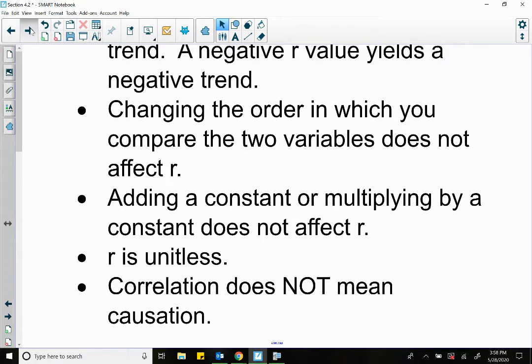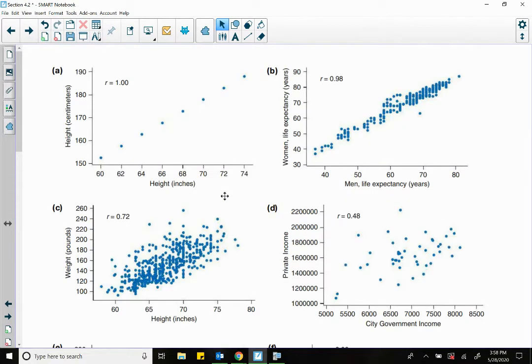So let's talk about some things. Here are graphs, and what you see in each one of these scatter plots is the correlation coefficient. Here's when R is 1. Here's when R is 0.9.